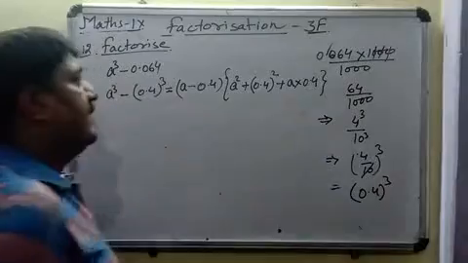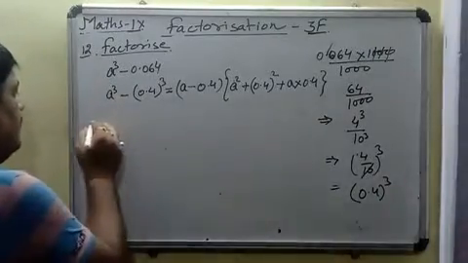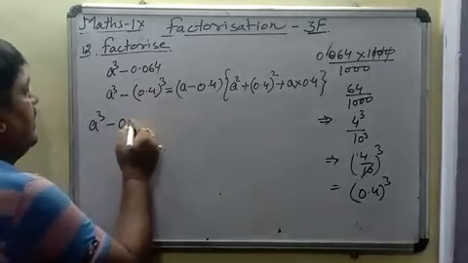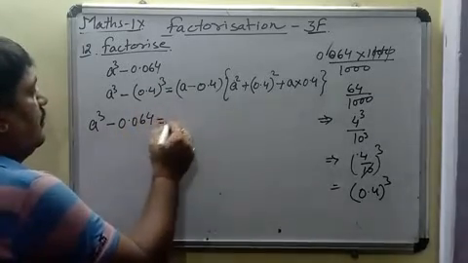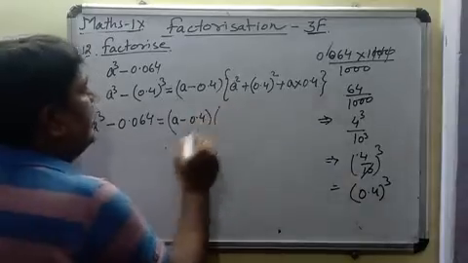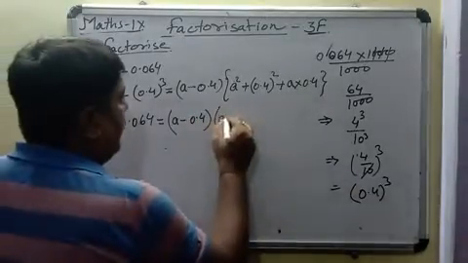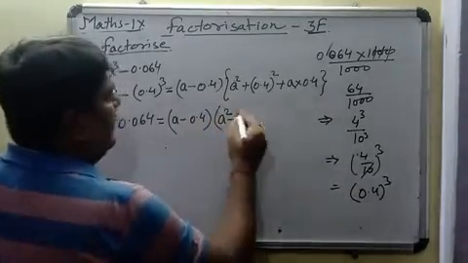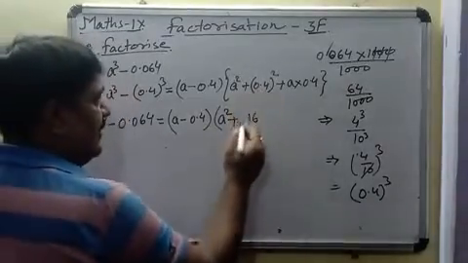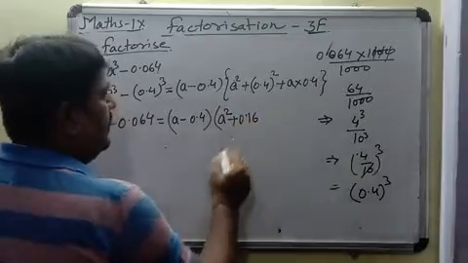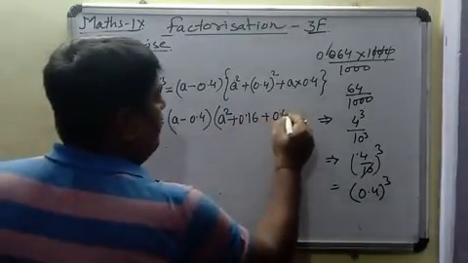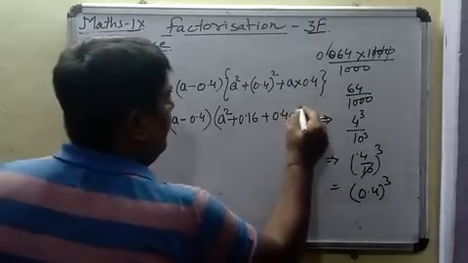Close the bracket. So a cube minus 0.064 equals, in the first bracket, a minus 0.4, and in the second bracket a square plus 0.4 square is 16, and with a 2 place decimal, 0.16, plus 0.4 into a, 0.4a.